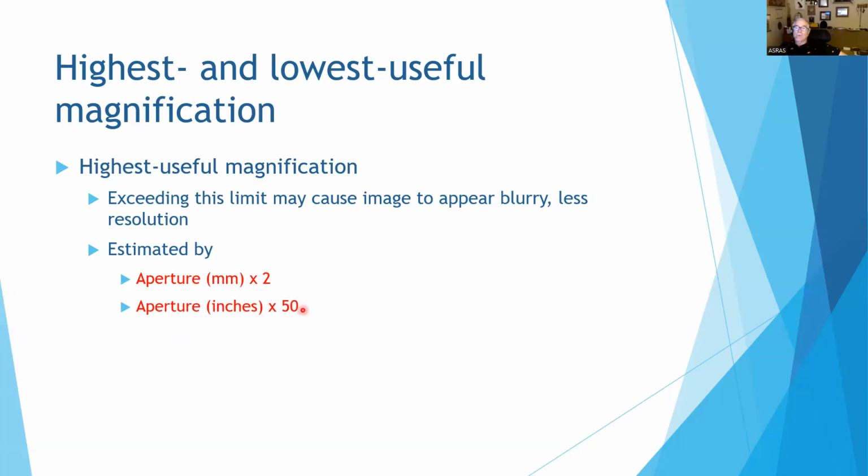So when I'm out at Farish, I can choose an eyepiece that, when combined with the focal length of my telescope, will yield a much higher magnification than 400, but it won't do me much good because the image will start to get very, very blurry with less resolution. So the highest magnification I want to use with that telescope is 400. So that's with that aperture.